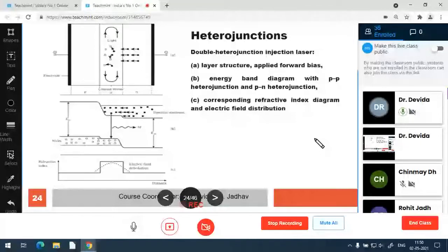And this is achieved by adjusting the alloy constituents, the alloy concentration of the individual elements, gallium, arsenide, phosphide, etc. These are the different elements which are used to make the alloys for making the device.